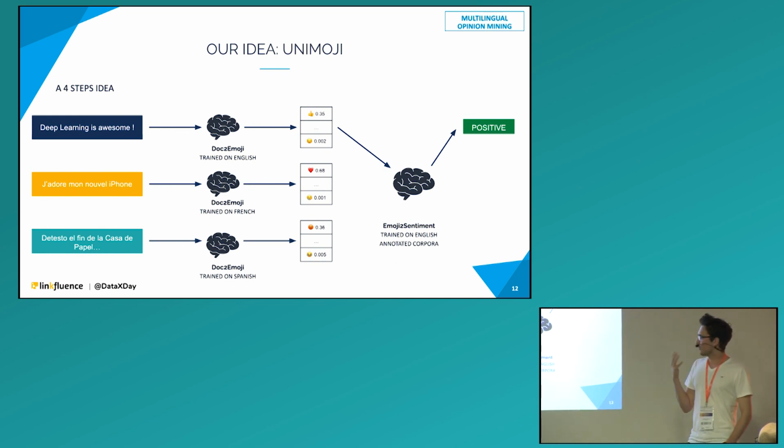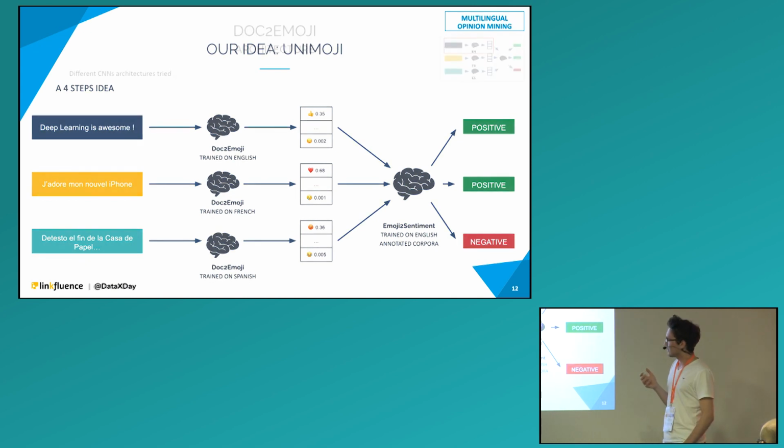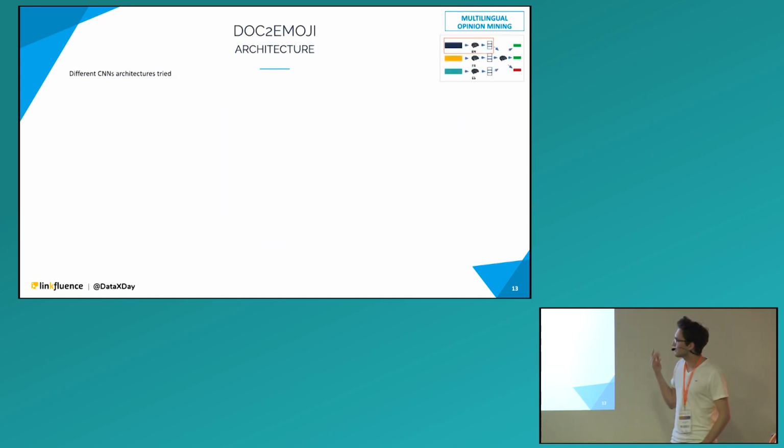And in an ideal world, we would like to generalize from this second model, which was trained only on emoji probability distribution based on the English language, to other languages. So we would need only one data set here in this example, one opinion mining task data set, to be able to infer sentiment for 3 languages. And that was the idea we tried to put in place.